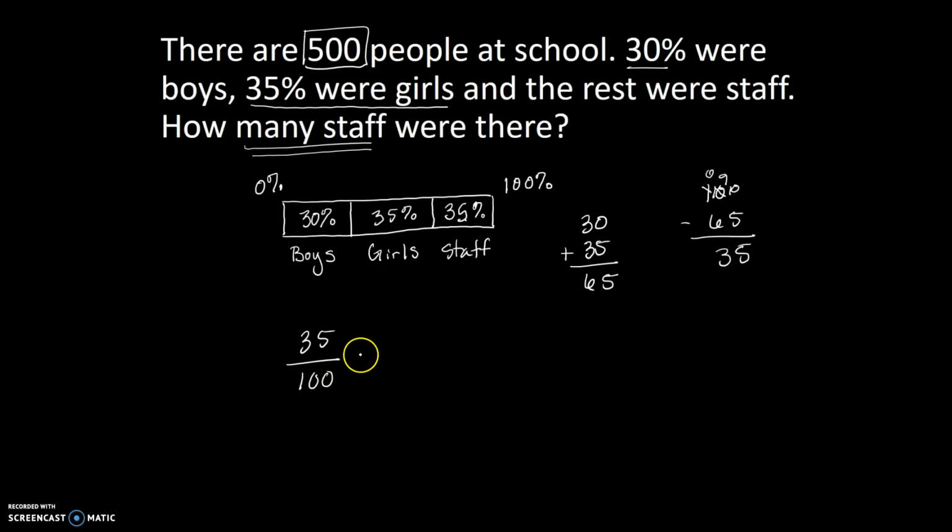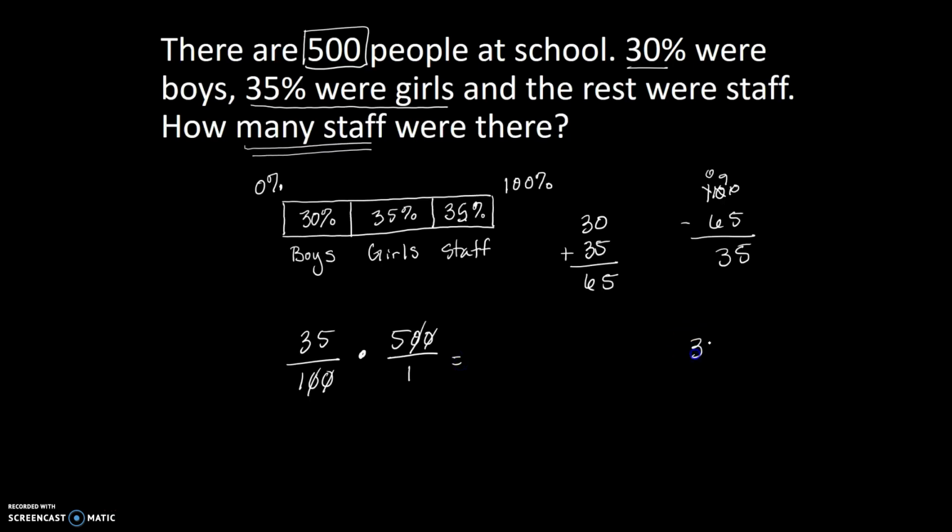Remember that of means multiplication. So I'm going to multiply 35% times 500 people. And we already know about cross-canceling at this point in the year, so I'm going to go ahead and cancel out those zeros, and now I'm left with 35 times 5.